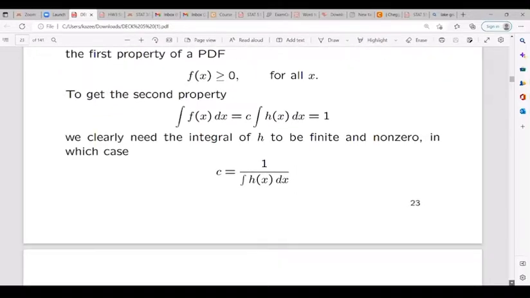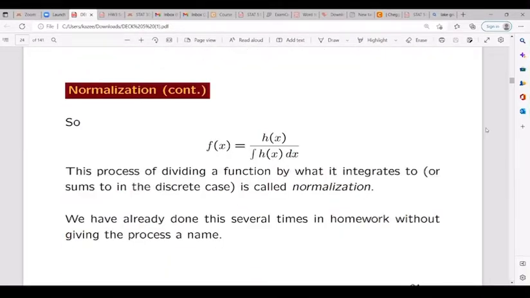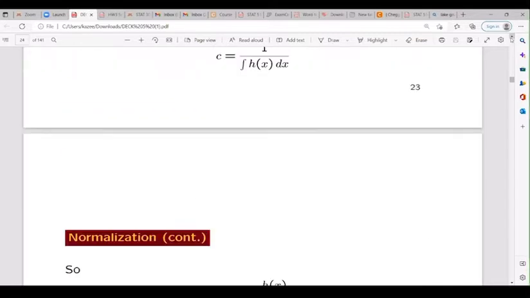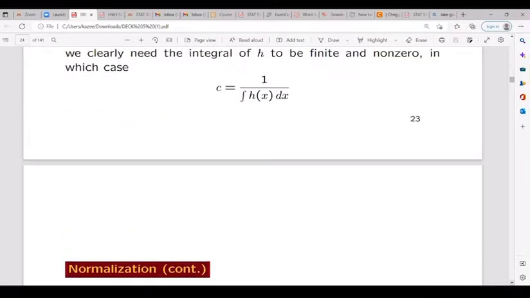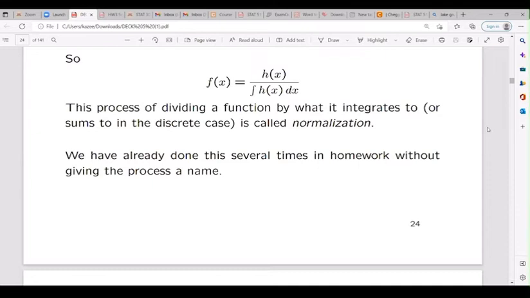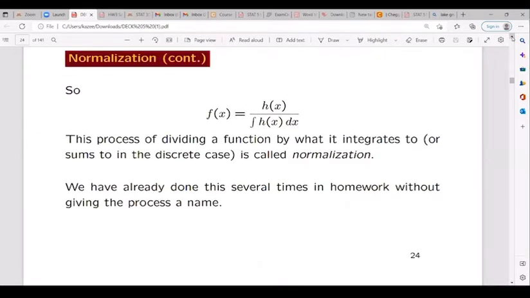Basically, we're telling the world that your f of s can be written like this. So f of s is h of x divided by the integral of h of x dx. That is what your f of x is.